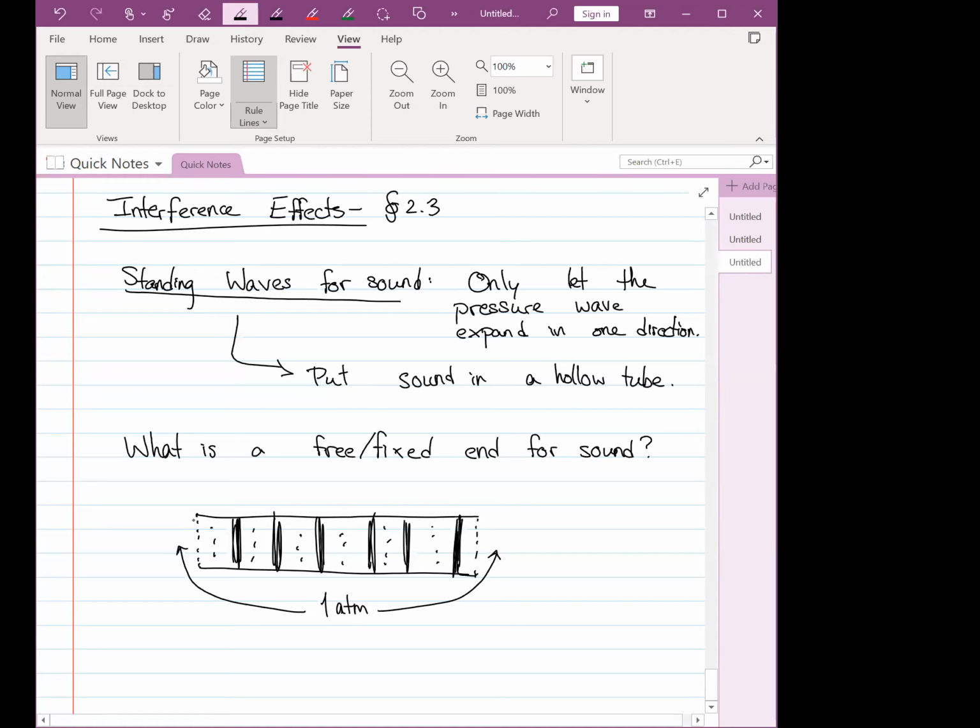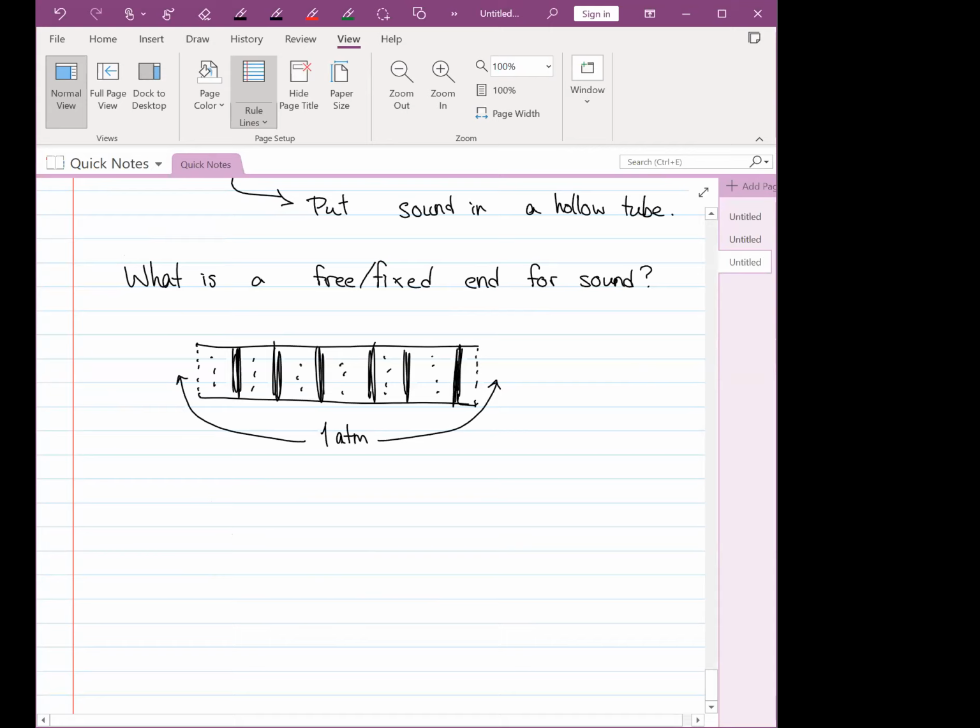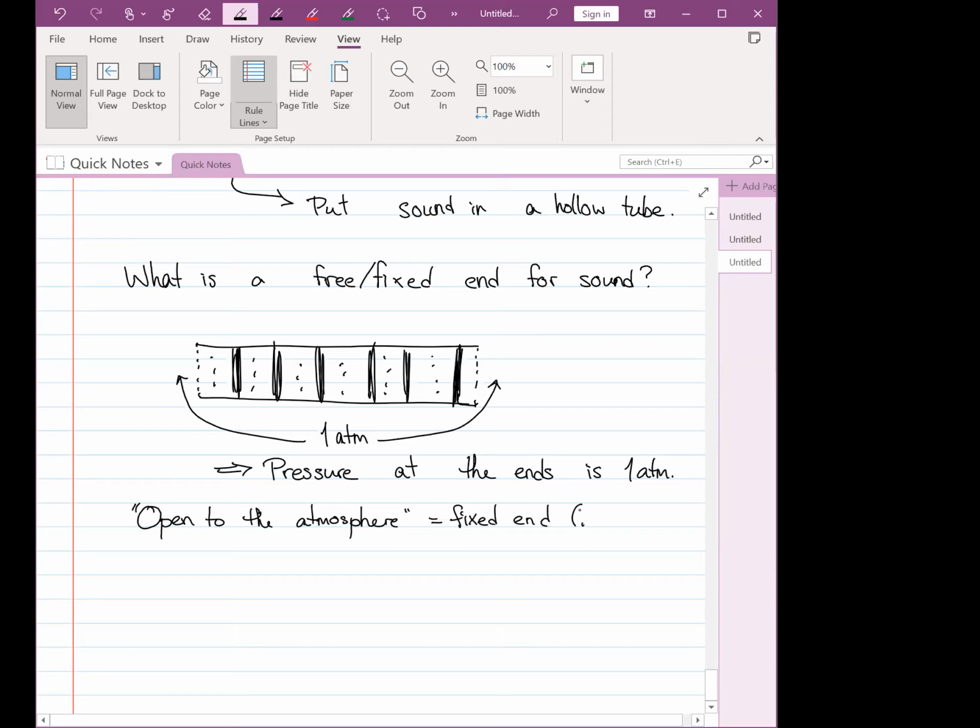So the pressure doesn't change at either end, which is to say that open to the atmosphere is equivalent to a fixed end for a pressure wave.